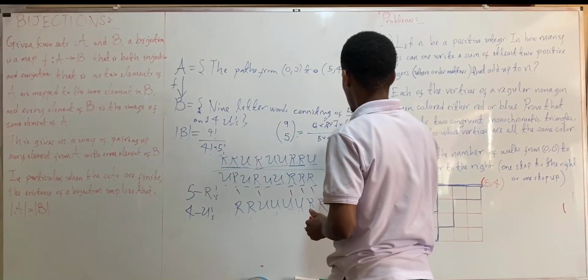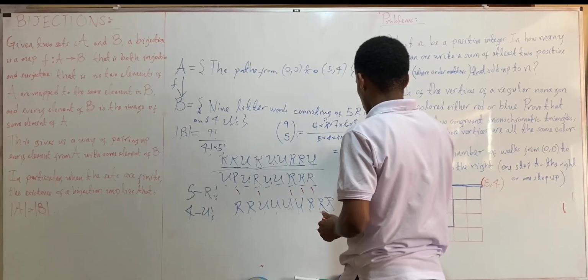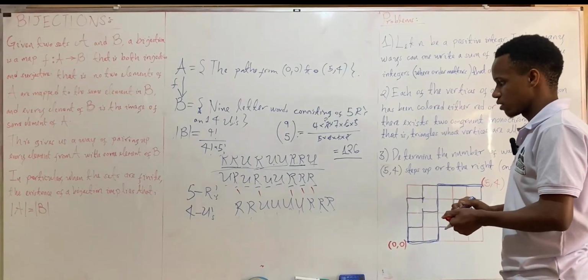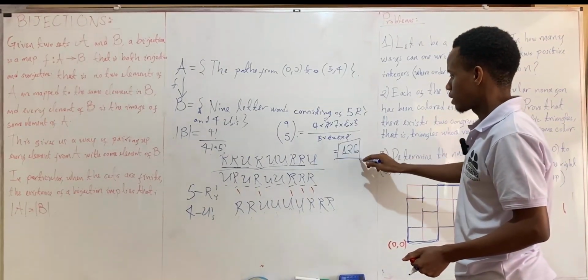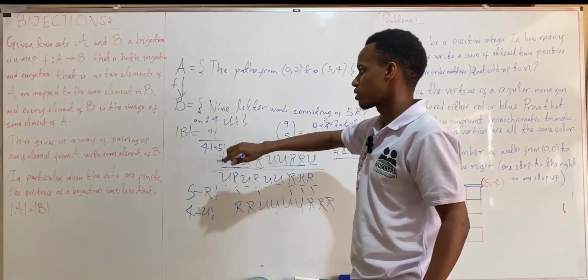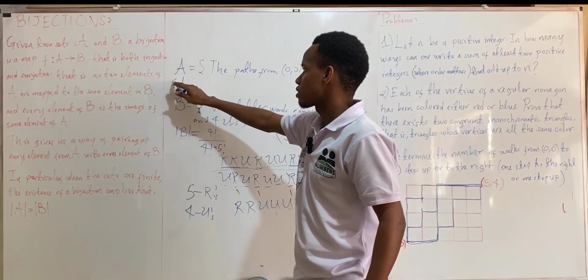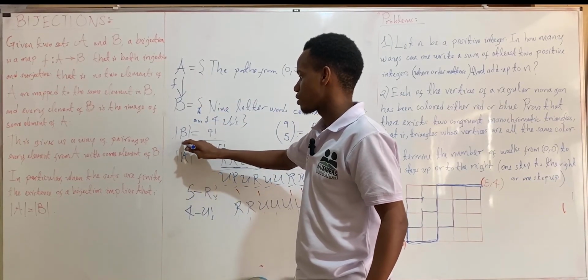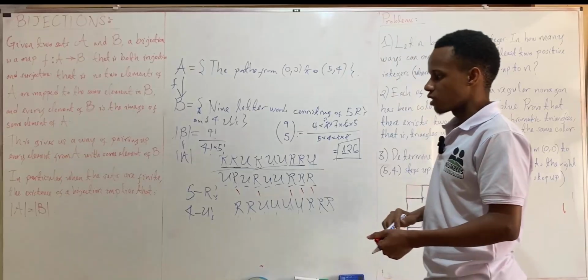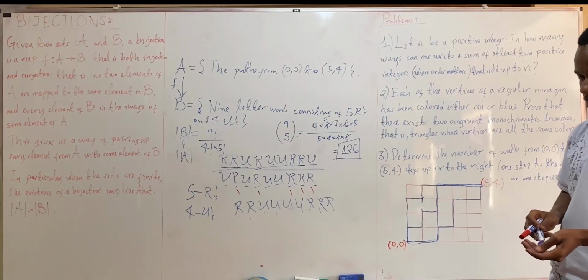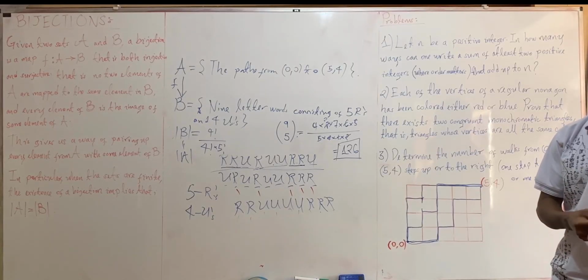So it will be 63 times 2, a total of 126 possible paths, possible words in B. Now because of that theory, we know that the size of B, because of this bijective function, has to be equal to the size of A. So in this case, the number of paths has to be equal to 126. And that will be our final answer for that problem.